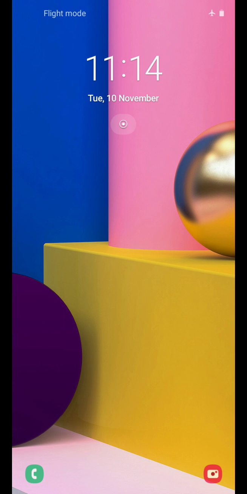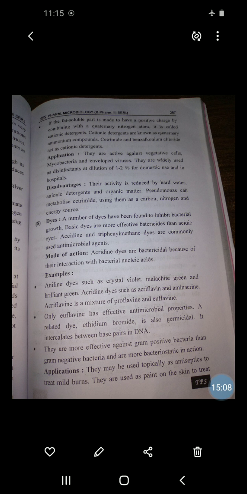It requires the presence of humidity. It has good penetration property, and it is well absorbed by porous material.